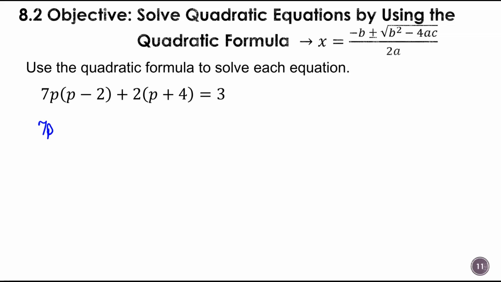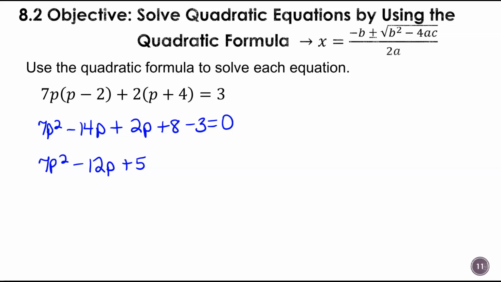That will be 7p squared minus 14p plus 2p plus 8, and I'm going to subtract the 3. And then combine like terms. So that's going to be negative 12p plus 5 for our equation once we've got it all simplified and ready to go.